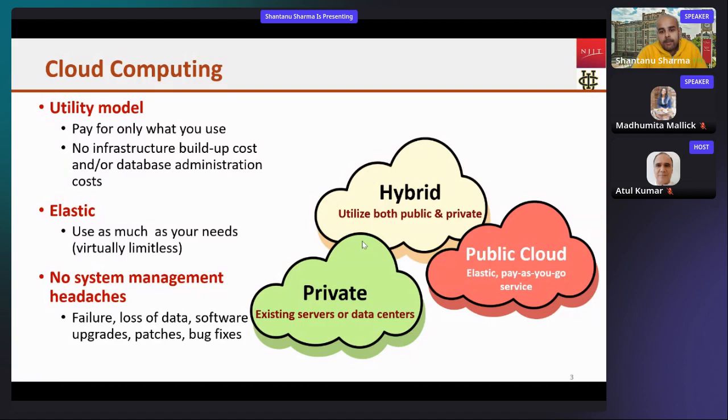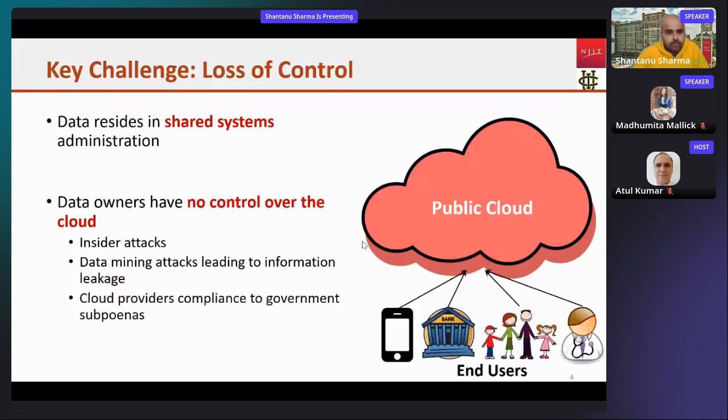Hybrid cloud is in between these 2: some part of the data or the computation is on the private side, and some part on the public cloud. All these clouds have different challenges in terms of storing data, performance and security. I will go over mostly the public cloud.